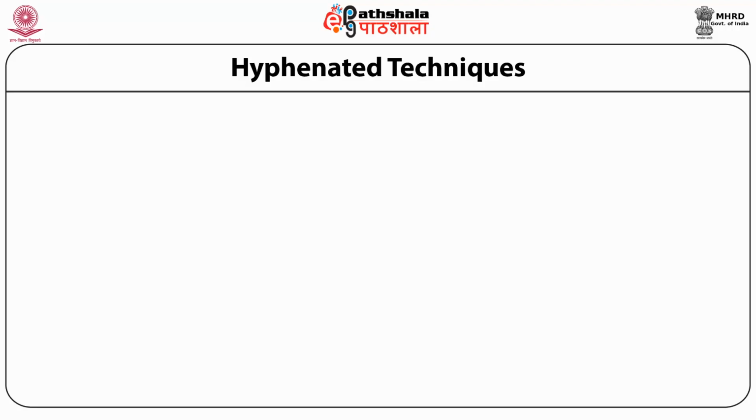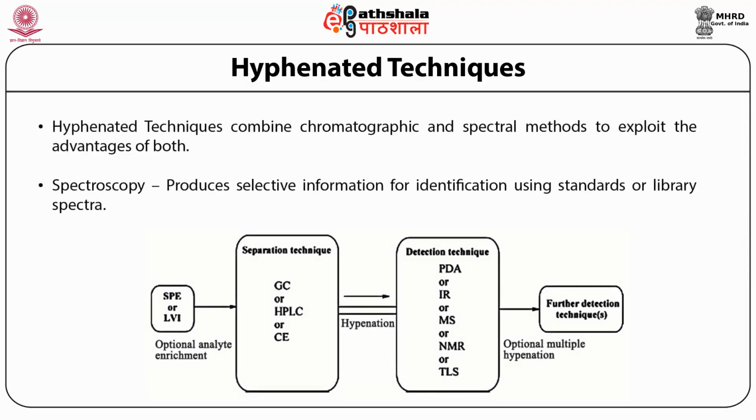Now let's come to these hyphenated techniques. These can be defined as techniques where you combine chromatographic methods with spectral methods. Chromatographic methods are methods for the separation of chemical compounds, whereas spectroscopic methods are any methods that provide information about the identity of the substances. In the lower panel you can see this block diagram. We have separation techniques like GC, LC and CE.